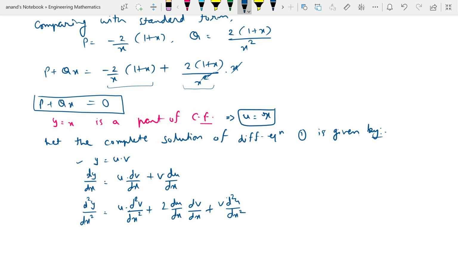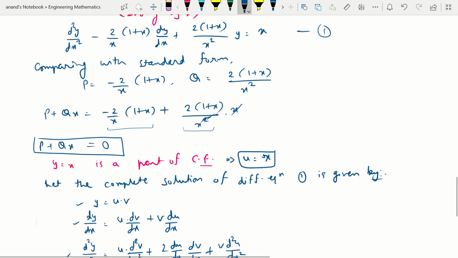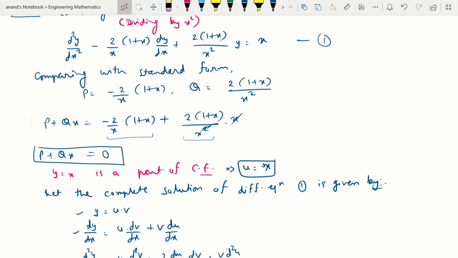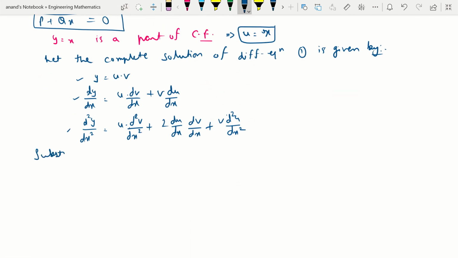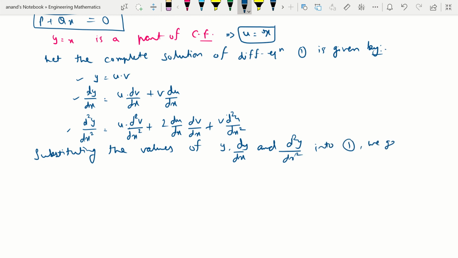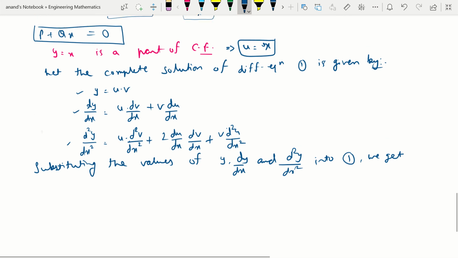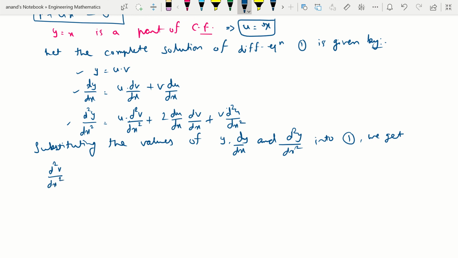Now substituting the values of y, dy/dx and d²y/dx² into first, we obtain the standard form: d²v/dx² + (P + (2/u) du/dx) dv/dx equals R/u.